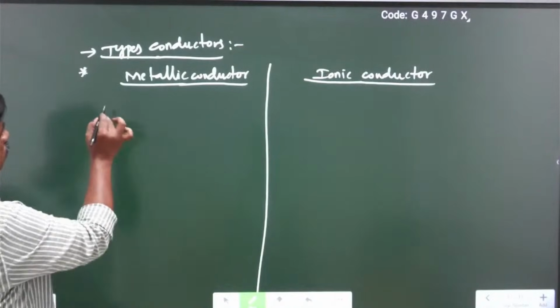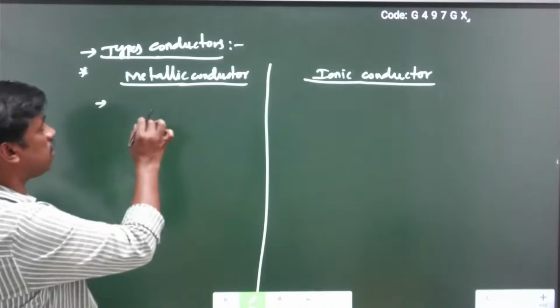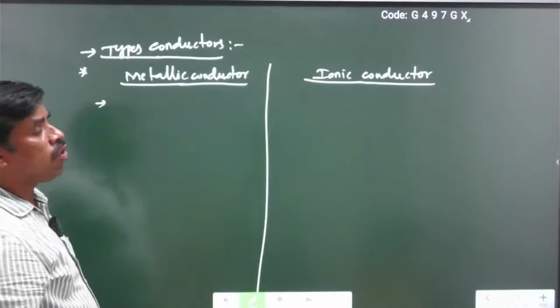A metallic conductor conducts electricity by the flow of electrons.